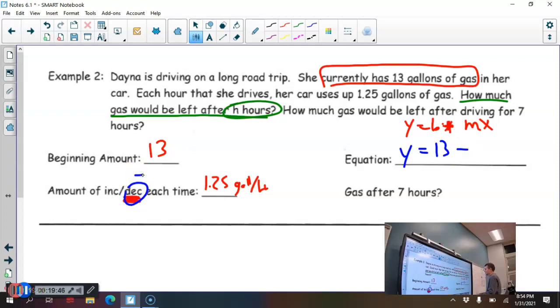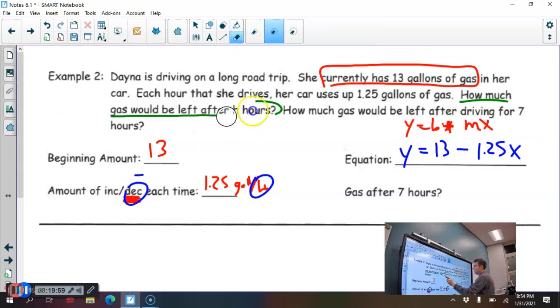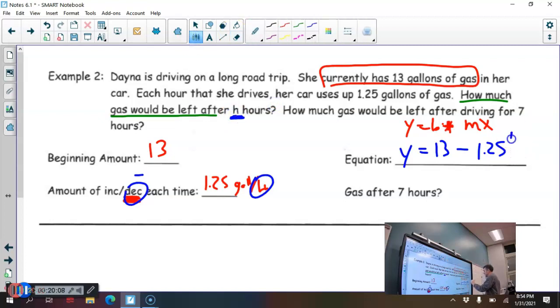And how much are we subtracting? 1.25 for each hour, per hour. So that would be times x. Or, you know what? They told me to use h. So instead of x, I'm going to use h. That's okay. A lot of people like to use a variable that is the first letter of what it represents.